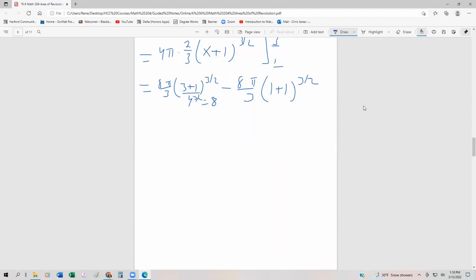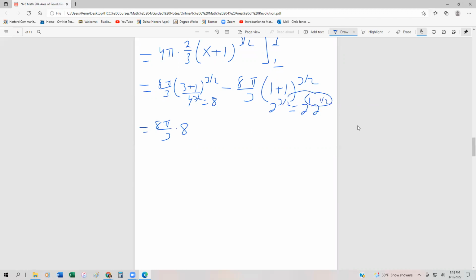All right, if you don't trust me, use your calculator. If you don't trust your calculator, then I'm not sure what to tell you. So this is going to wind up being 8 pi over 3 times 8. And then over here, this is just going to be 2 to the 3/2. Remember that trick that we did in the previous video? This is going to be 2 to the first times 2 to the 1/2.